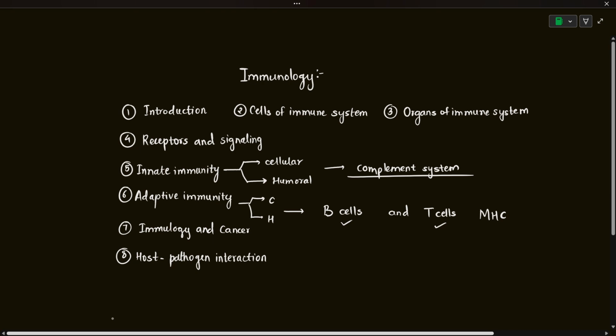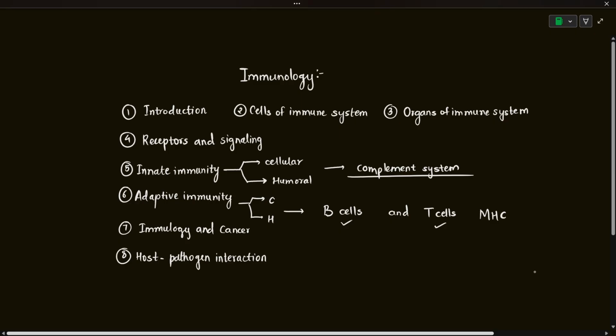And if the host interacts with a parasite, the responses are going to be different. So we will be discussing host pathogen interaction in this series in detail. These are the different topics that I'm going to cover in this immunology series. This is going to be a long series, and we will be discussing all of them in detail so that everything is clear to you all.